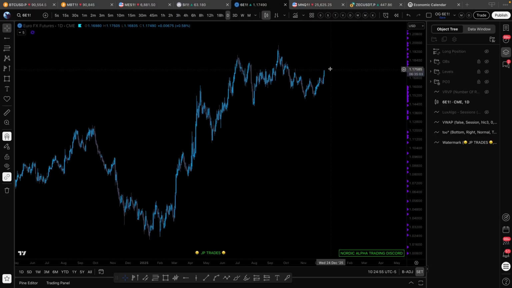We do see the beginning of a potential Wyckoff model here. So you got to watch that for sure. But we could be potentially making one on the bottom side as well.